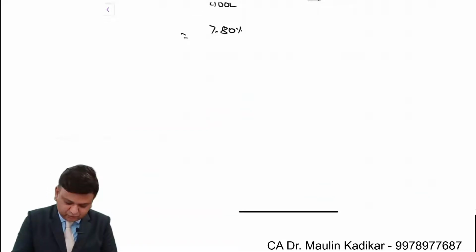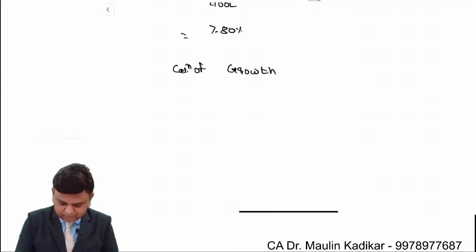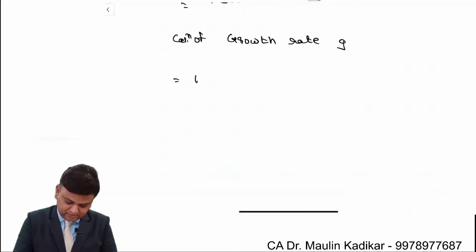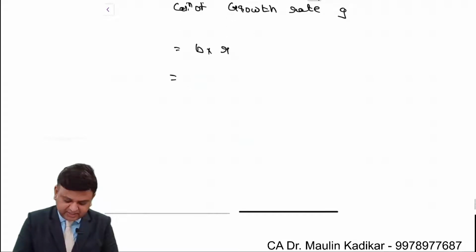Now calculation of growth rate. It will be found as B into R. B is calculated as 1 minus 1 divided by 6.